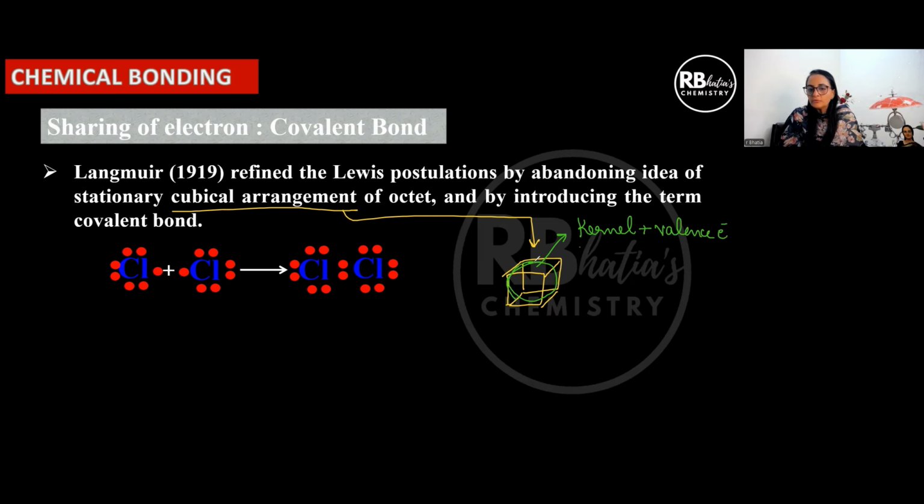So kernel was visualized to be filling the entire center of the cube, and the corners represent the valence electrons. So as an example, if I want to express sodium by this cubical arrangement model, how would we do it?